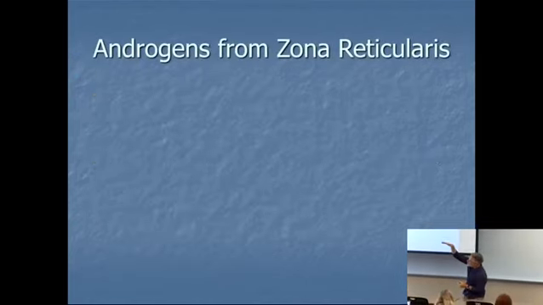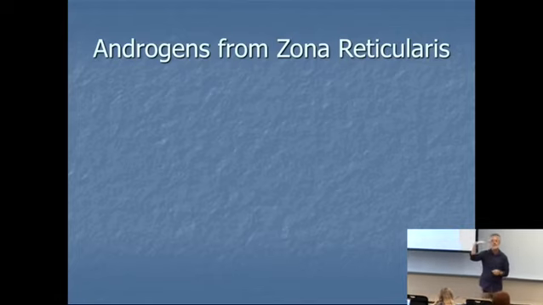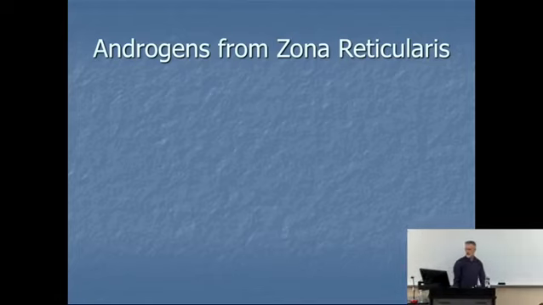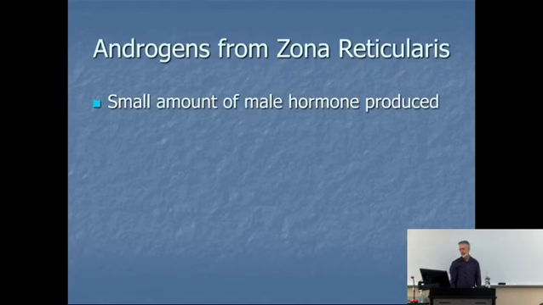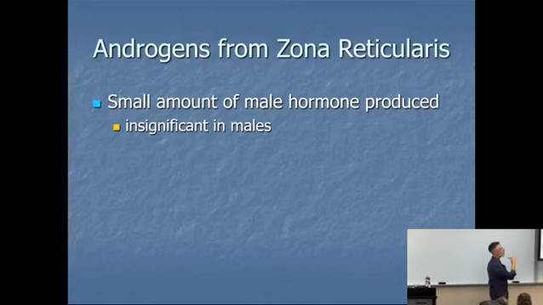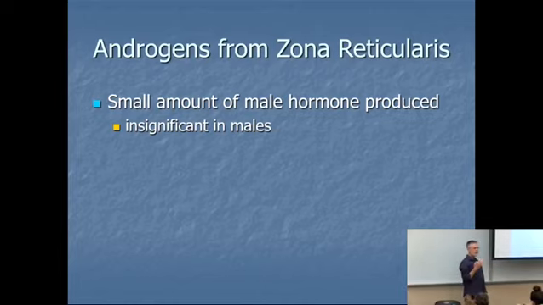Zona reticularis, the lowest, deepest level of our adrenal cortex, produces our androgens. Now, androgens, interestingly enough, we would consider these overall male sex hormones. So you're like, wait a second, I thought I had this straight. We have testes that produce sperm cells as well as produce testosterone coming from the interstitial cells.